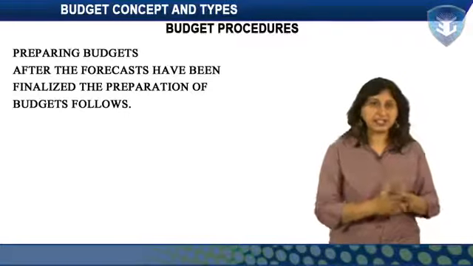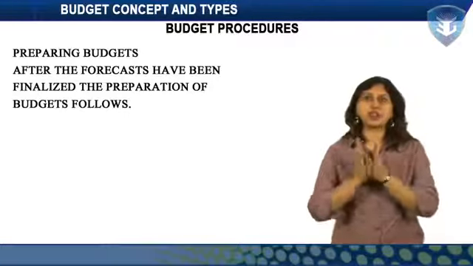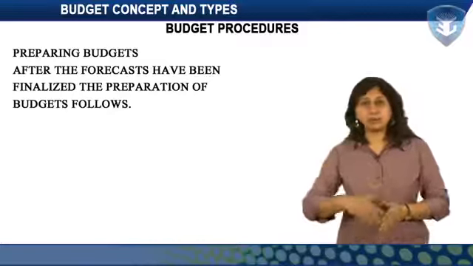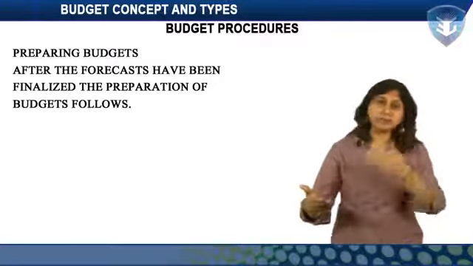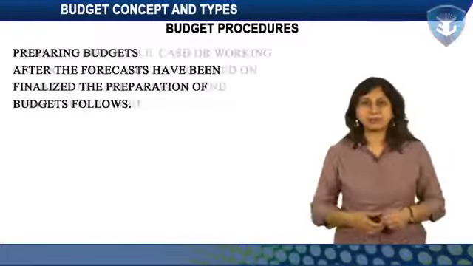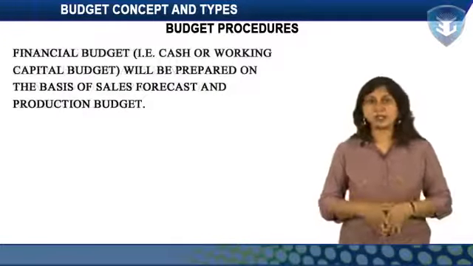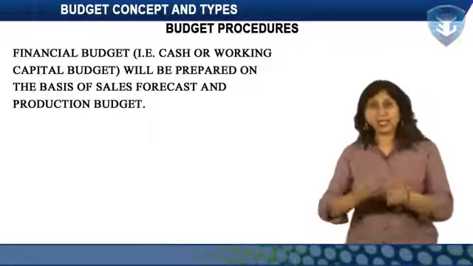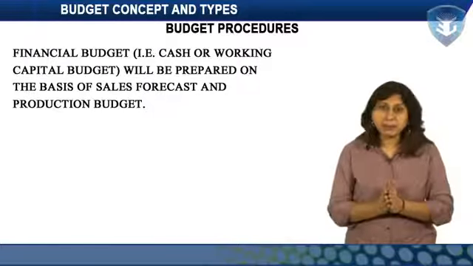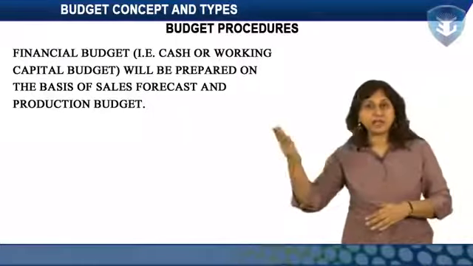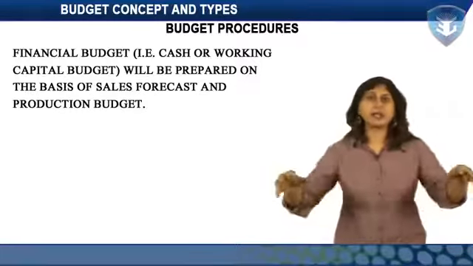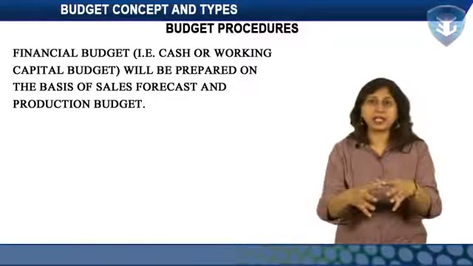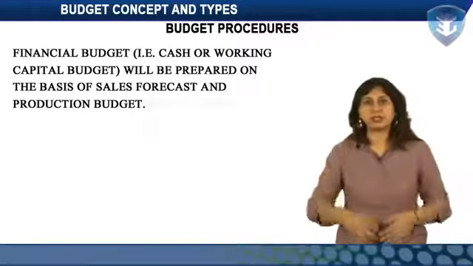The budget activity starts with the preparation of the sales budget. Then the production budget is prepared on the basis of the sales budget and the production capacity available. The financial budget, that is the cash or working capital budget, will be prepared on the basis of the sales forecast and production budget. All these budgets are combined and coordinated into a master budget.